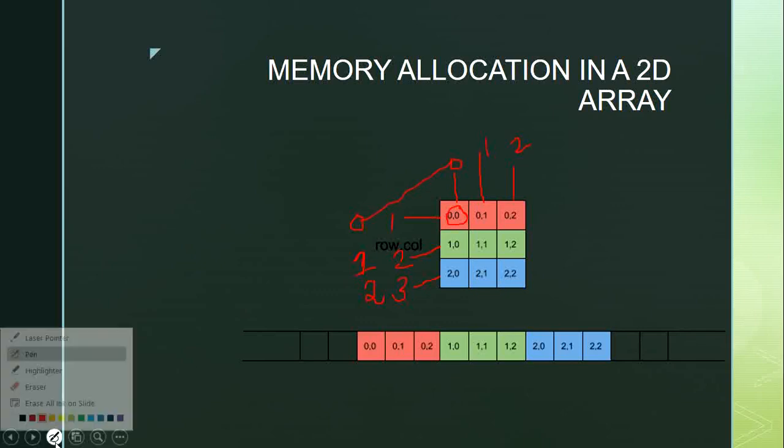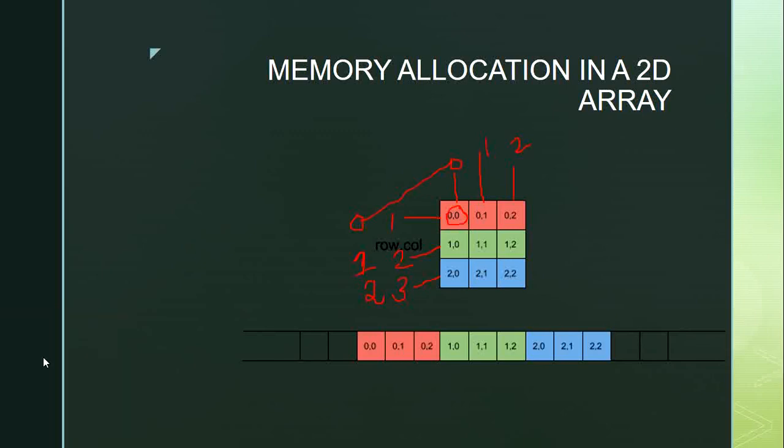Similarly it will be 0, 1, for this particular row is 0 and this particular column is 1, and then it will be 0, 2, then 1, 0, 1, 1 and 1, 2 depending on the row and the column number.